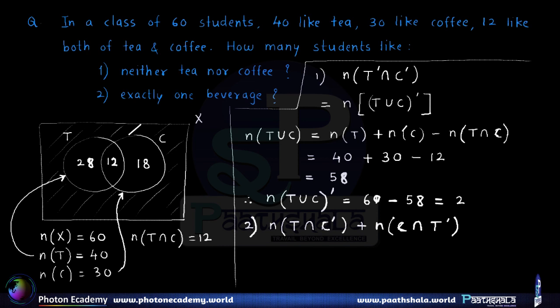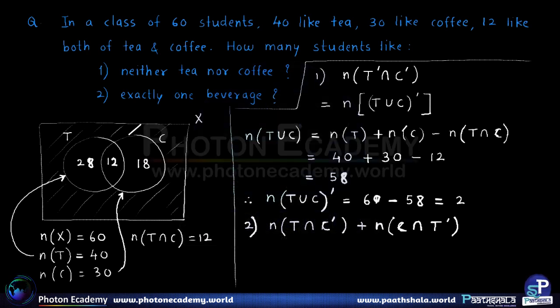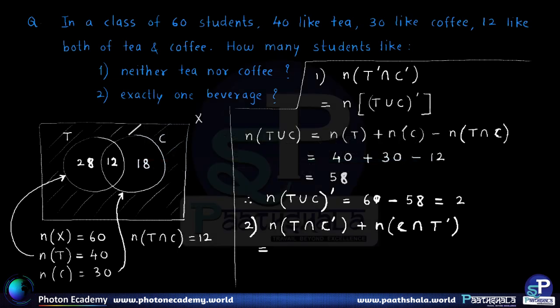And since we want the number of students who like exactly one beverage, so it could be either the people who like tea and not coffee, or it could be people who like coffee but not tea. So therefore the required answer is nothing but the sum of 28 and 18. So therefore we get that as 46. This is the required answer.